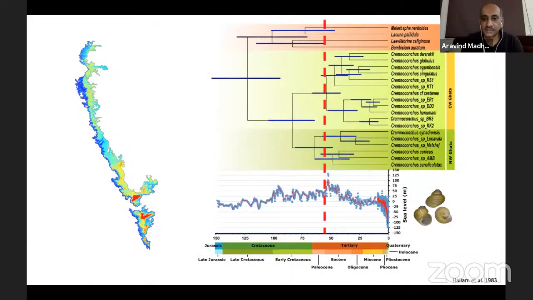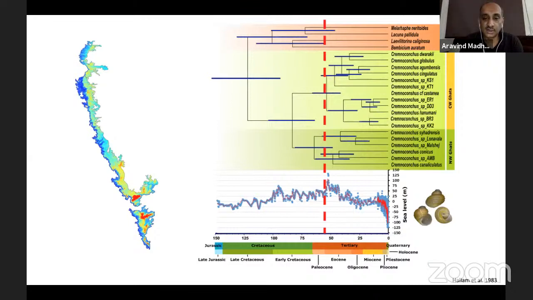This is very interesting. As you can see on the lower panel, the time tree shows that they evolved around 60 million years back, soon after the Deccan volcanism, from a marine ancestor, and diversified in the northern and central Western Ghats.